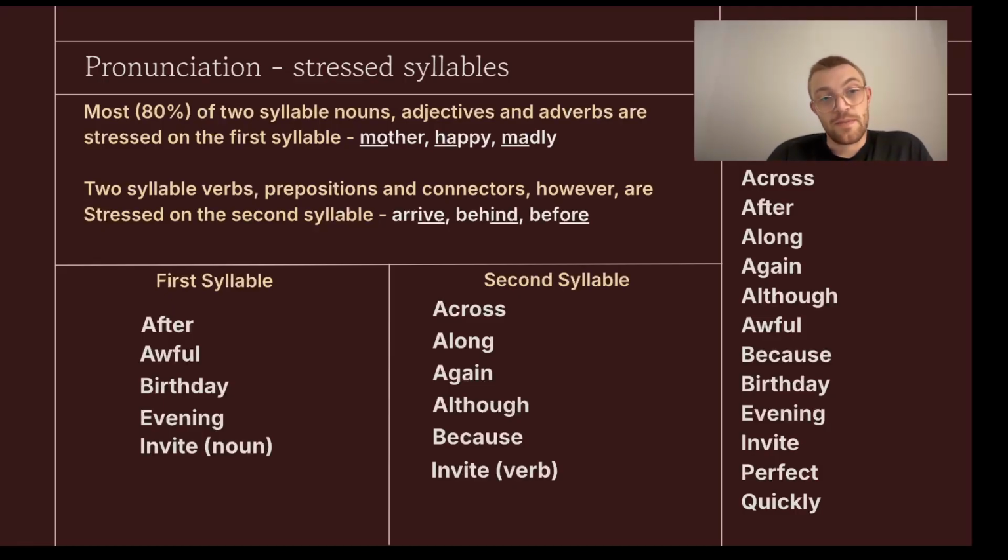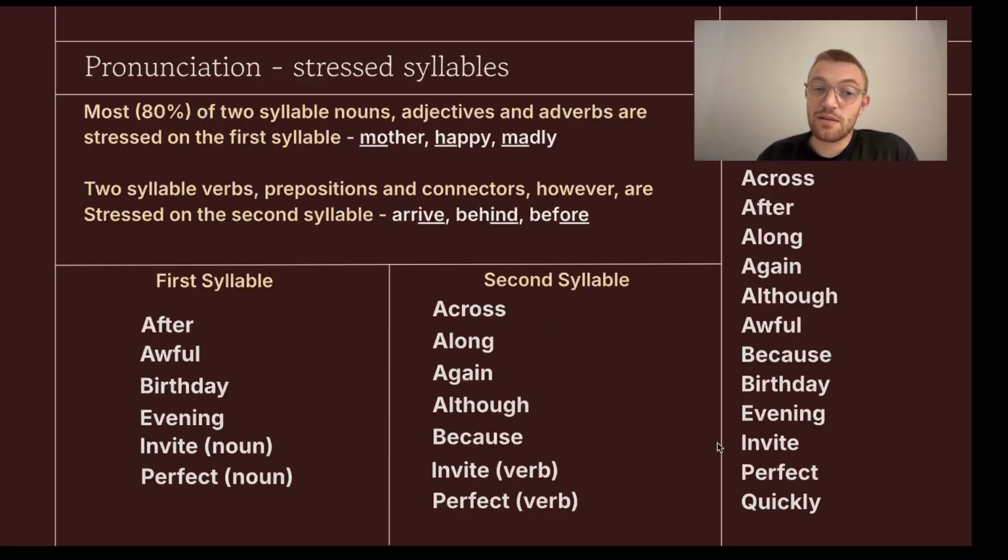So an invite, that is a piece of paper where someone gives you an invite to a birthday party, for example. That is the noun, whereas the verb is invite. Right, so invite is the verb. The stress is on the second syllable if it is a verb. This is the same with our next one there.